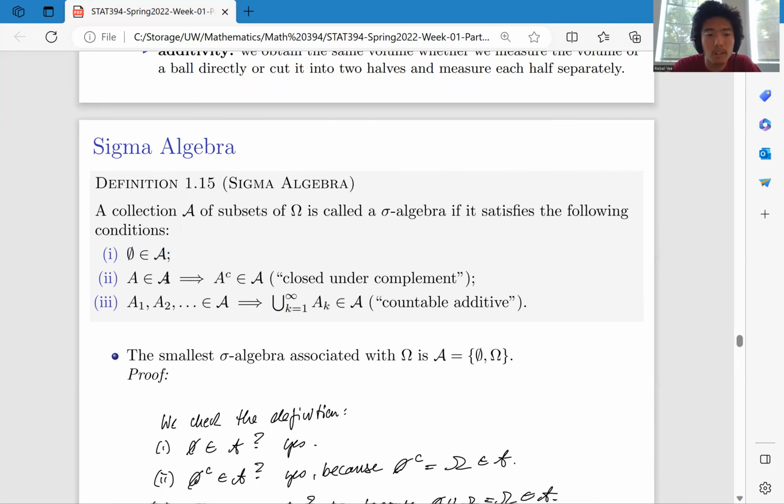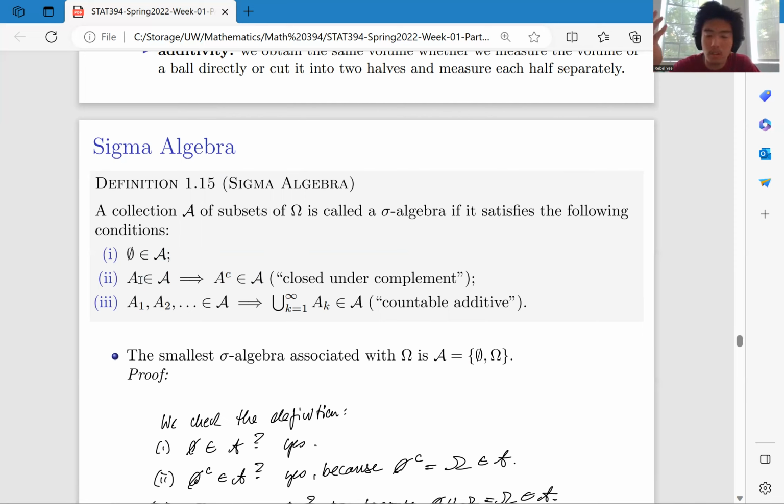The second is that if one element belongs to this set, then its complement also belongs to the set we're studying. This is called closed under complement, which means if one set is inside, its complement is also inside.